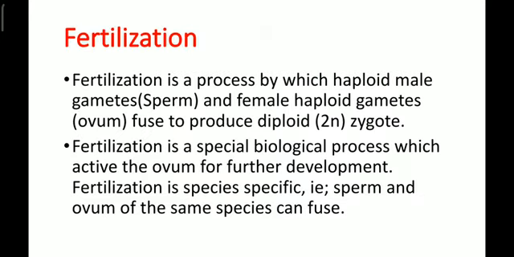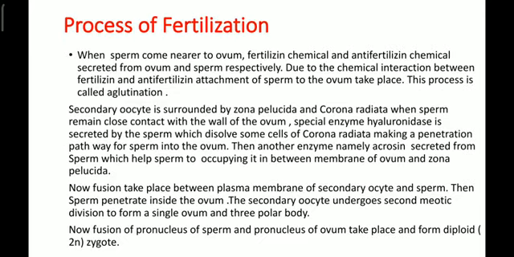Fertilization is a process by which haploid male gametes and female haploid gametes fuse to produce a diploid zygote. Fertilization is a special biological process which activates the ovum for further development. Fertilization is species specific. Sperm and ovum of the same species can fuse.